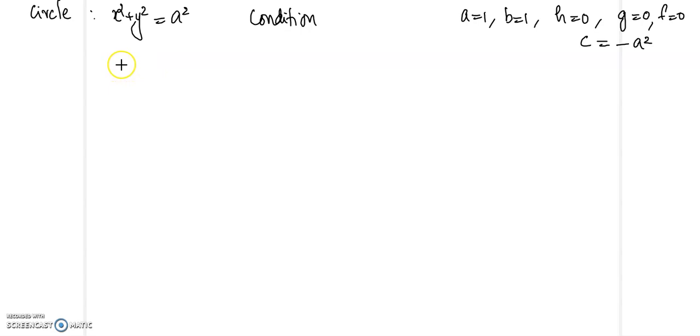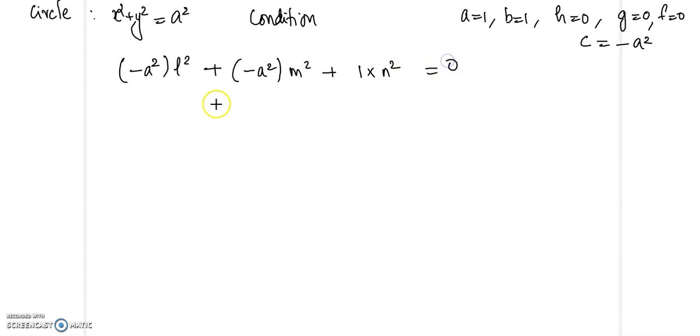So we are going to get BC minus F square, so that is minus a square, L square plus CA minus G square, so that will be minus a square into M square plus AB minus F square, so that is 1 into N square, then GH minus AF, that will be 0, then HF minus BG will be 0, then FG minus CH will become 0.